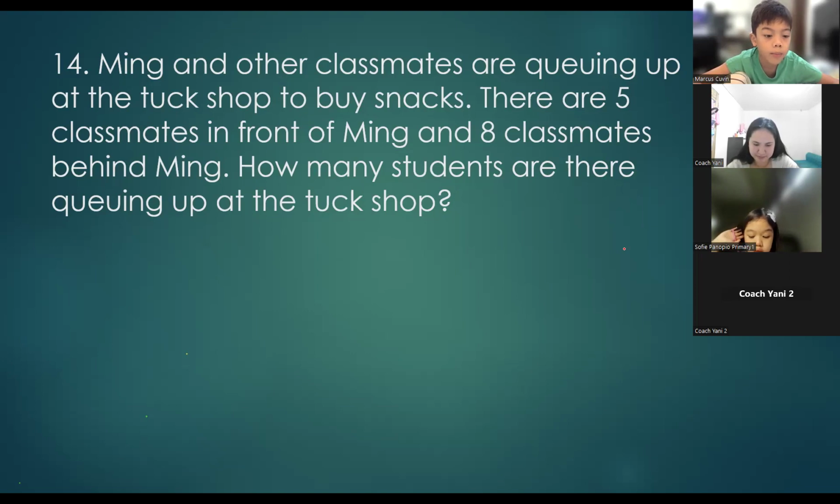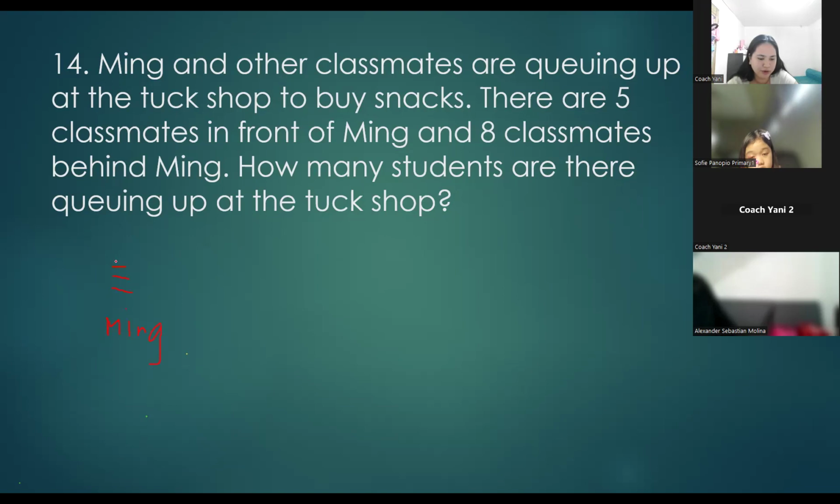14. Okay, very good. So that's the correct answer. So here there is Ming, right? And then in front of her are 5 classmates: 1, 2, 3, 4, 5. And then behind her are 8: 1, 2, 3, 4, 5, 6, 7, 8.